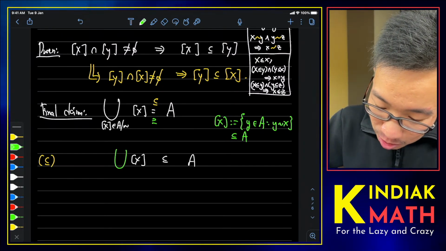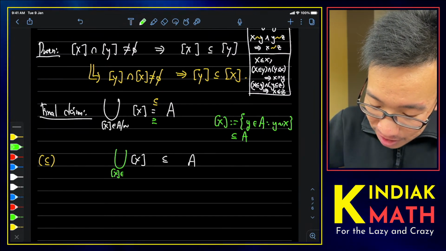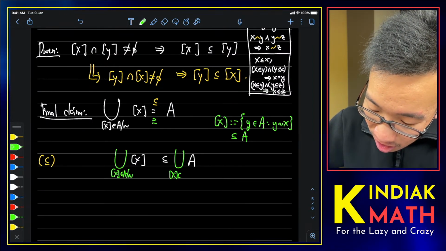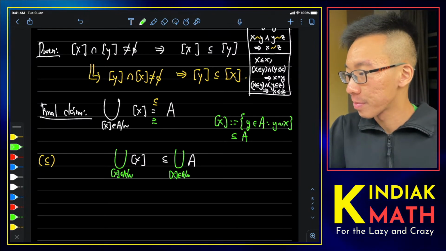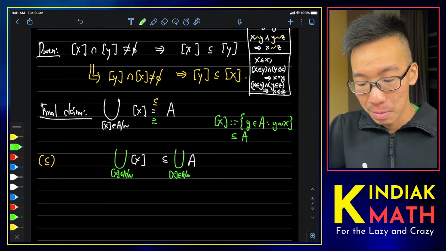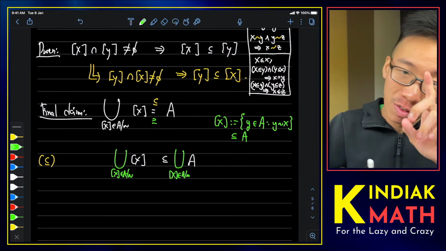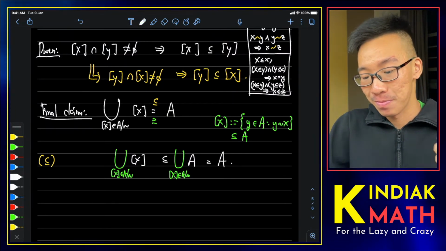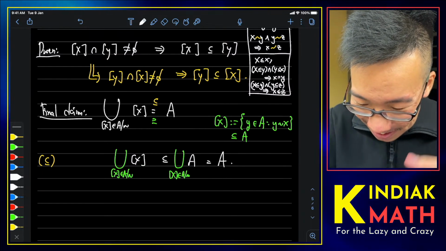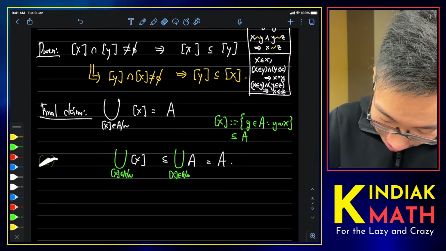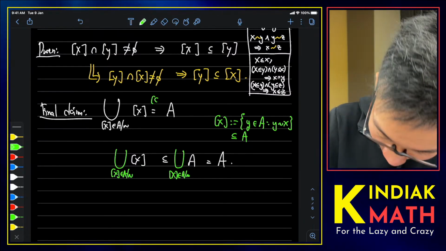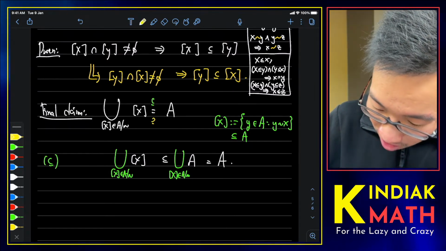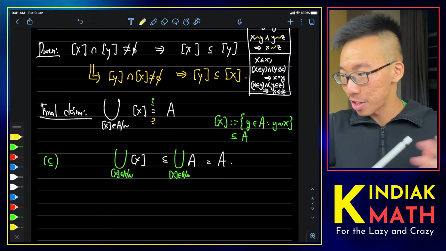Well, I'm going to take the union across all of these items. But on the right side, the union of one particular set is just a set itself. So that's it. I should probably use green to describe this. And then we're going to go in the other direction.